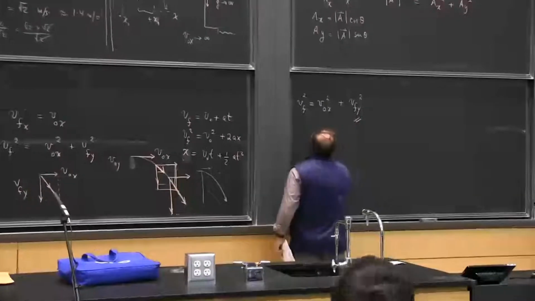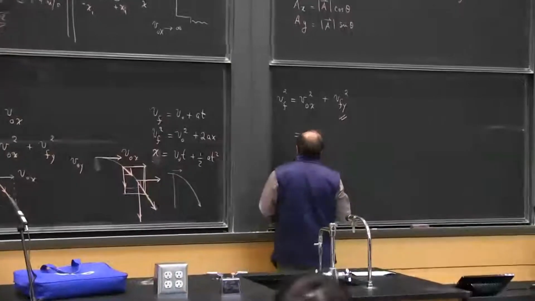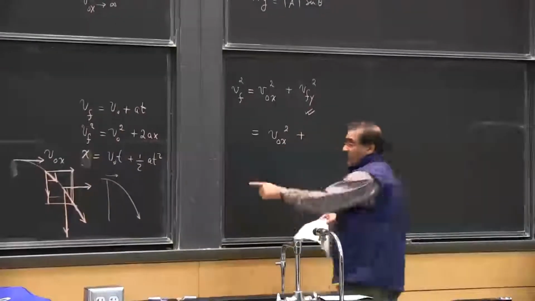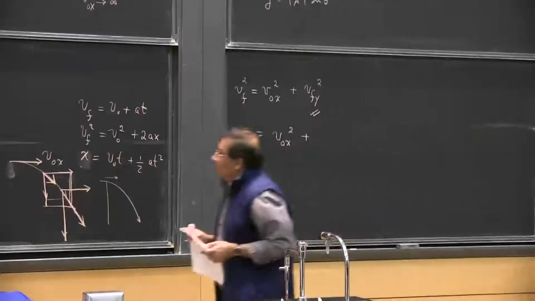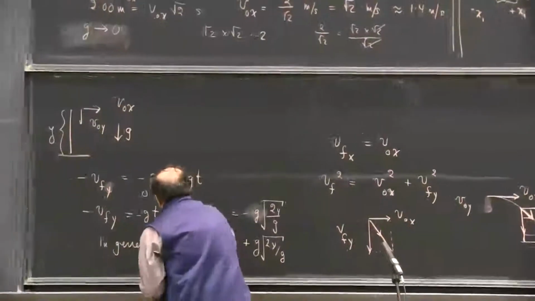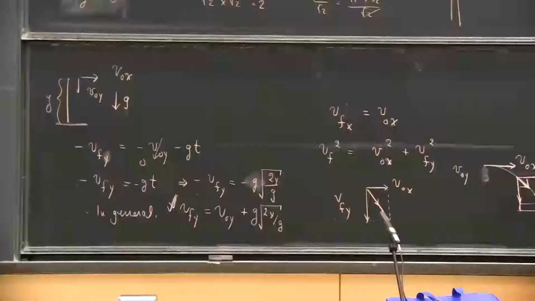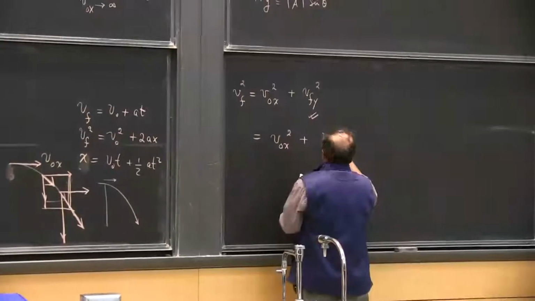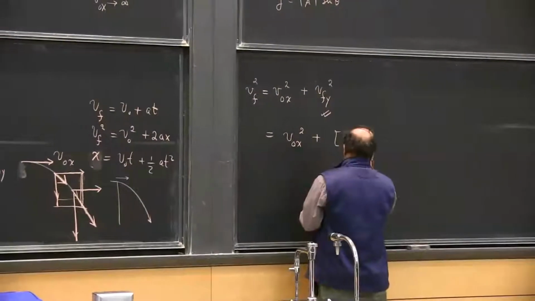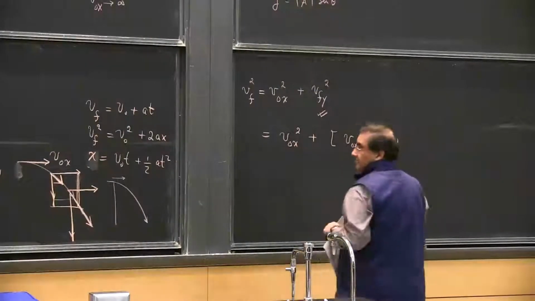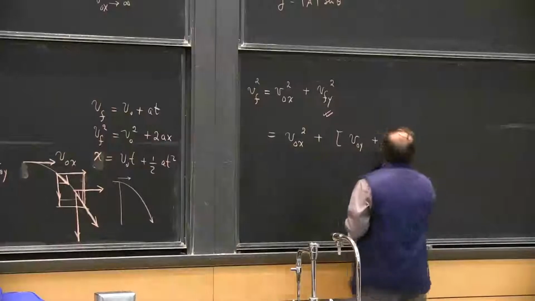So in other words, I can now do a few other things. I can point out that I can write this v0x squared plus v final y. I already have an expression for that over here. So v final y, I have an expression for that here. So I should be able to write v final y squared as follows. This is v0y plus 2gy, square.